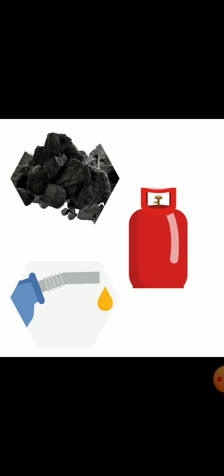Examples of non renewable sources of energy are fossil fuels, in which we learned coal, petroleum, gas, and we know that they are in limited quantity. If we use it more and more, maybe it will not be left for our future generations.